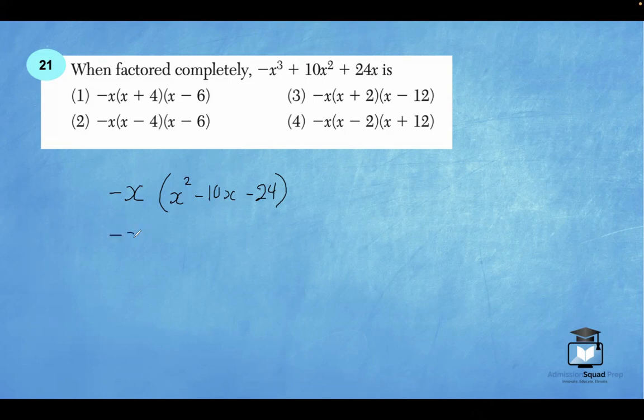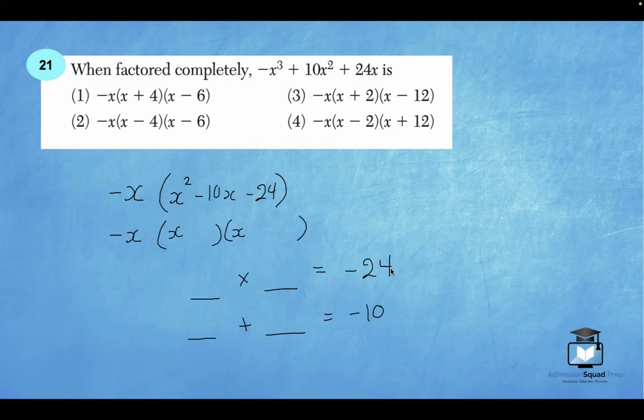The next step is to go ahead and factor out our trinomial. We're going to start by asking ourselves, what times what gives you x squared? That's going to be x times x. Then we need to figure out what two numbers, when you multiply, you get negative 24, but when you add, you get negative 10. So let's think about this for a second. I know that when I add, I'm getting negative 10.